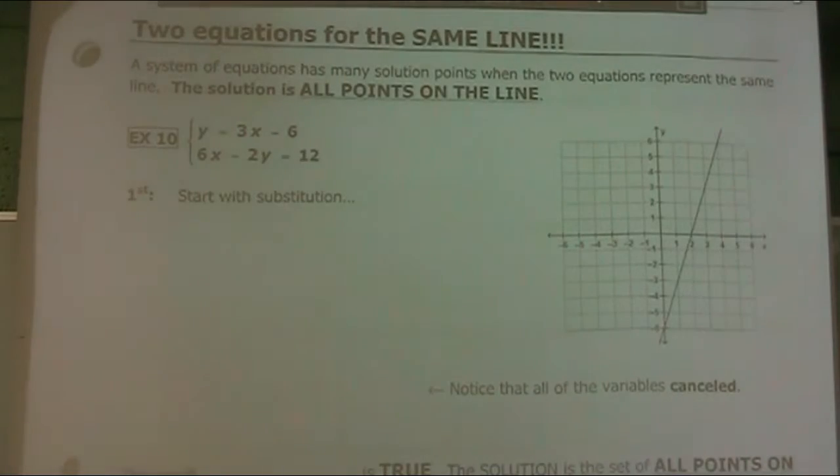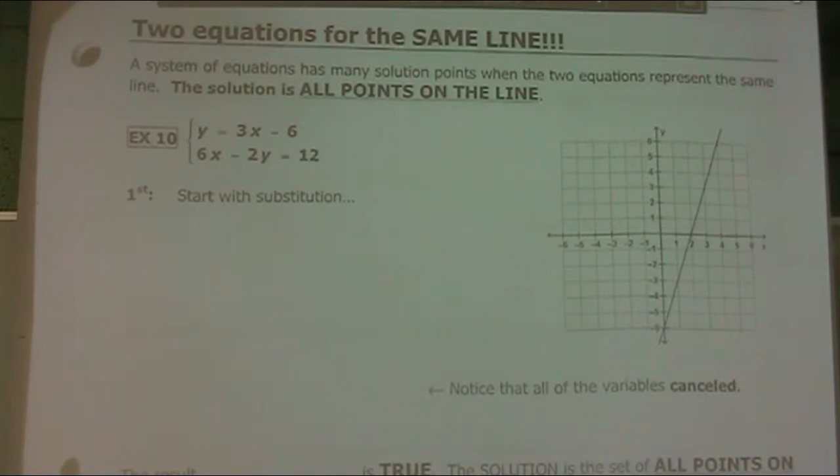Let's talk about if the two lines are the same line. Essentially, what's happening is you're drawing the two lines right on top of each other. And the solution is not like it is when we had a linear equation and we had the situation come up and we said the solution was all real numbers. Well, it's not all the points.